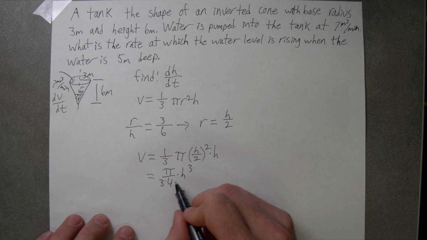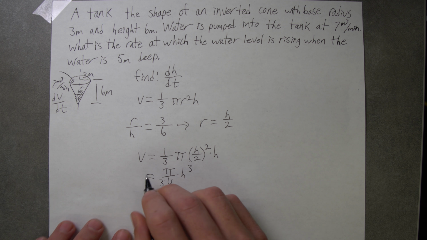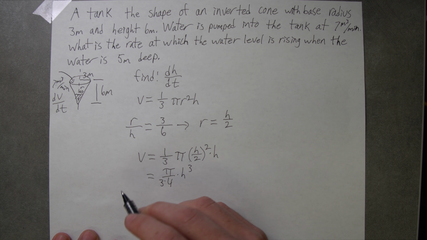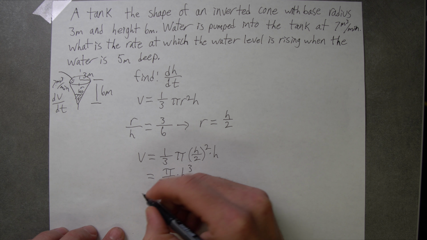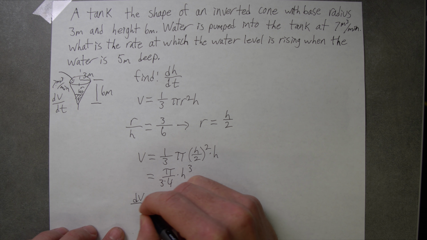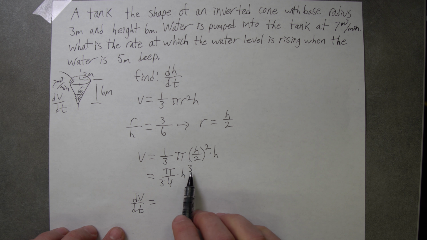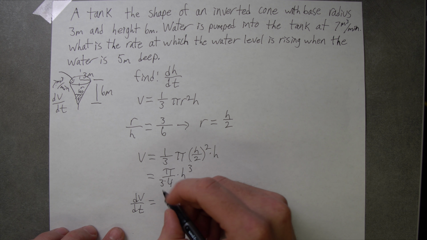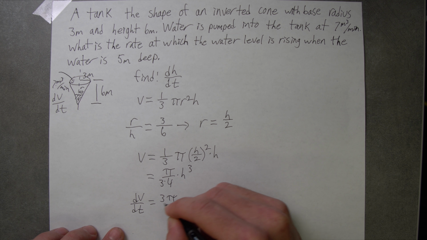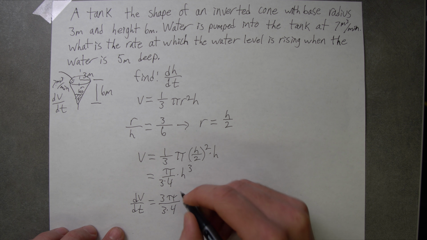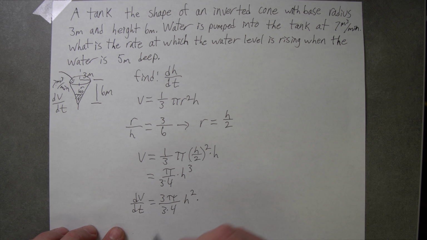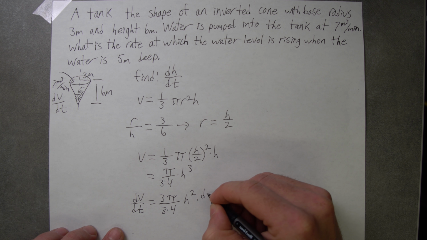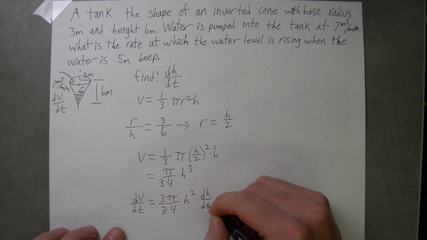Now we're going to take the derivative of this to find dV/dt. We're going to take the entire thing and take the derivative of it. So we're going to find dV/dt. We're using implicit differentiation, so we get 3 pi over 3 times 4, h squared, times the derivative of our h, or dh/dt.